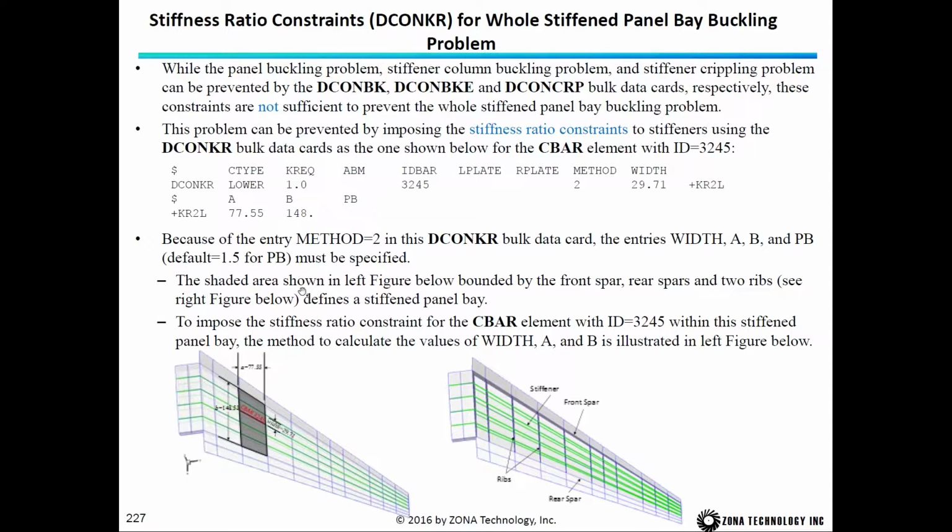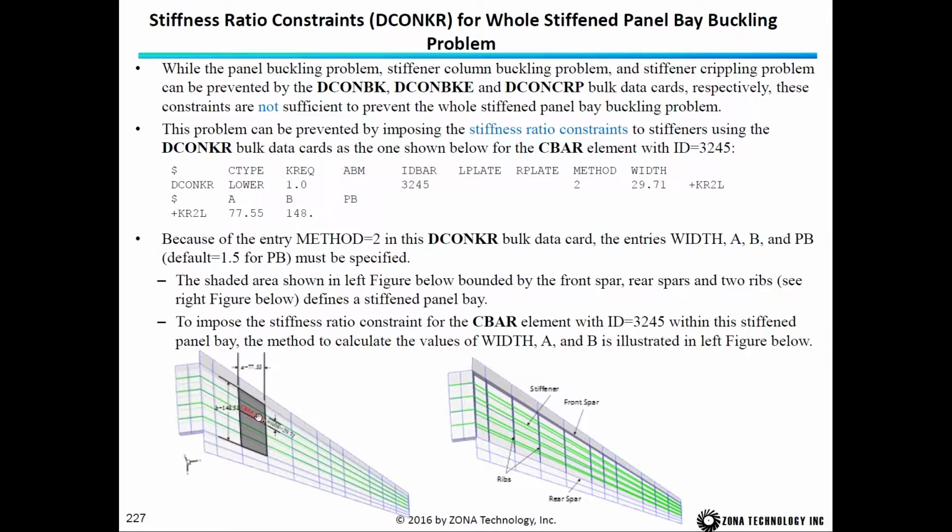The shear area shown in this figure, bounded by the front spar and rear spar, and two ribs define a stiffened panel bay. To impose the stiffness ratio constraint of the CBAR element with ID 32445 within this stiffened panel bay, the method to calculate the values of A and B is shown in this figure.